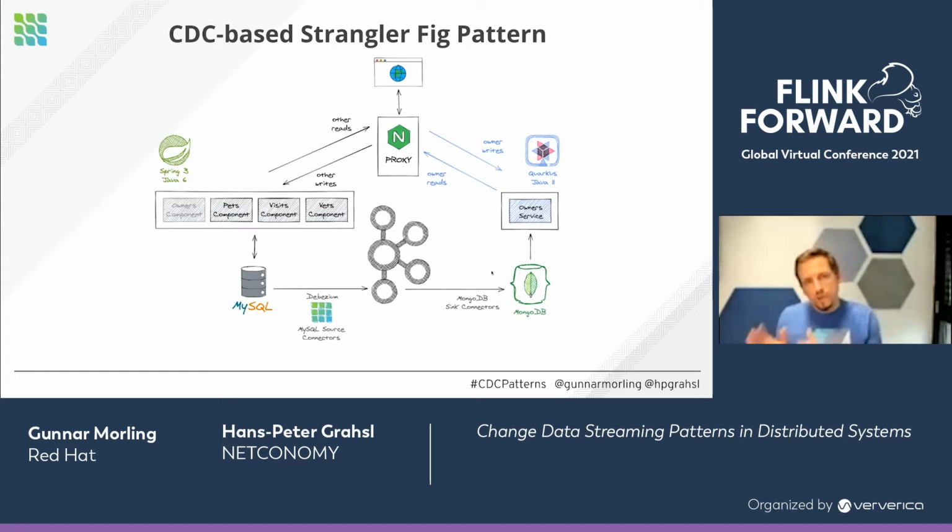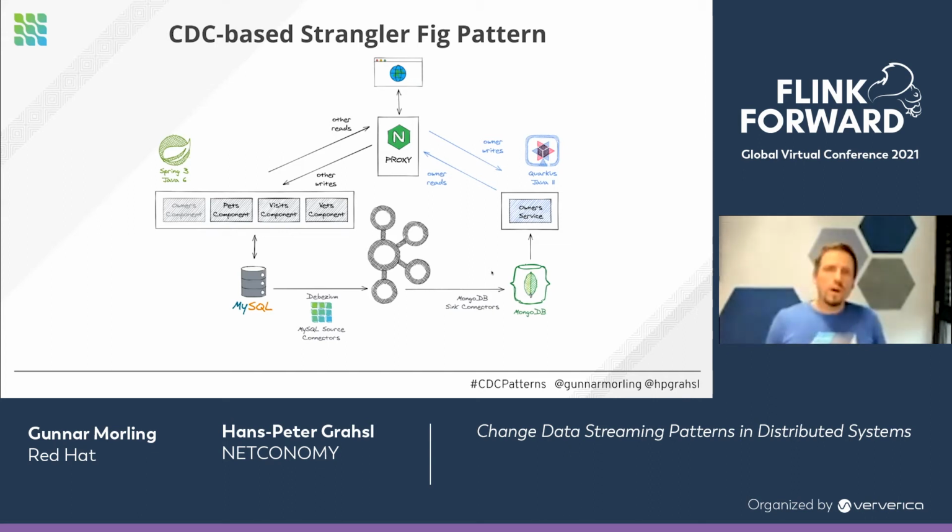So as soon as we do that, no writes related to owner-related data should happen on the monolith side. Also, we want to update the existing change data capture pipeline and instruct the Debezium source connector not to track any changes of the monolith's database regarding owner data any longer.